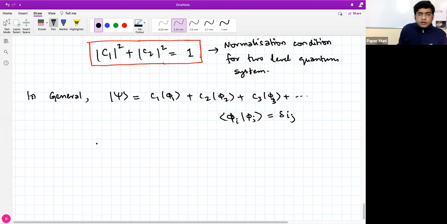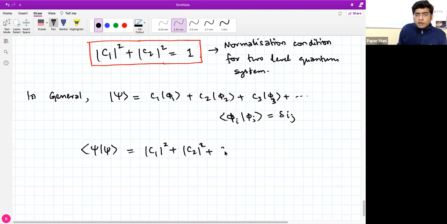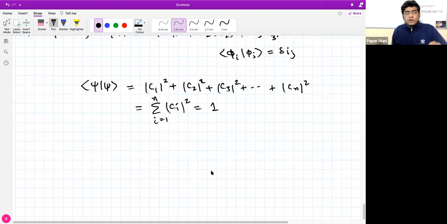Then the normalization condition for this state becomes c1 mod square plus c2 mod square plus c3 mod square, going on up to cn mod square. This can be written as the summation of ci mod square, i going from 1 to n, equal to 1. So this is the normalization condition for a superposition state.